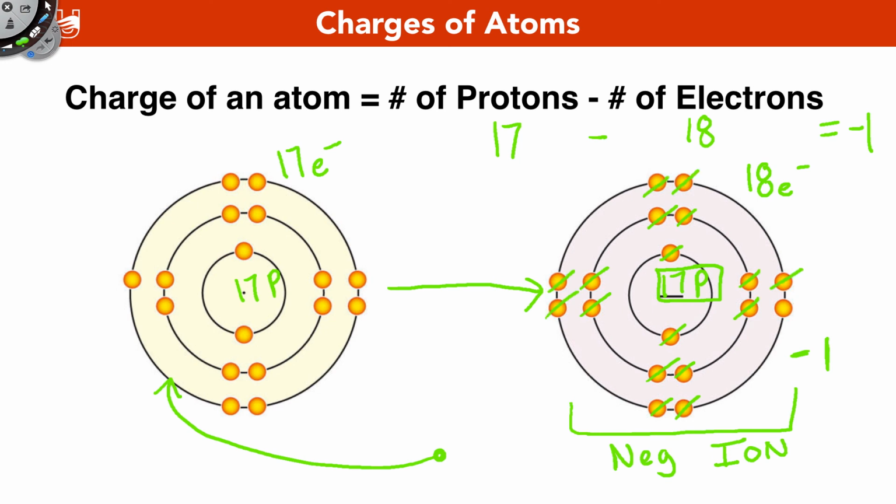There was 18 electrons. We had one more negative electron than protons to counter it. Because of that electron, then we have to say that this atom has more negative than positive, and it has a -1 charge, and it's an ion. All right? Chlorine would be a good example of a negative ion.